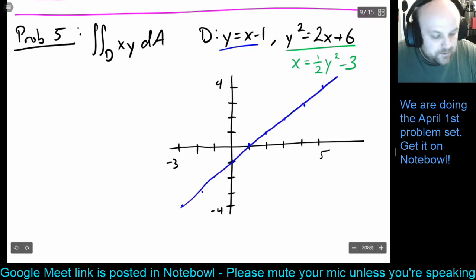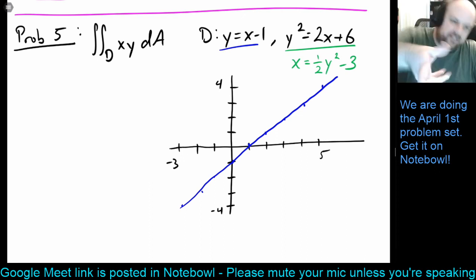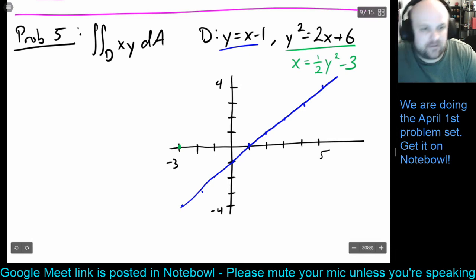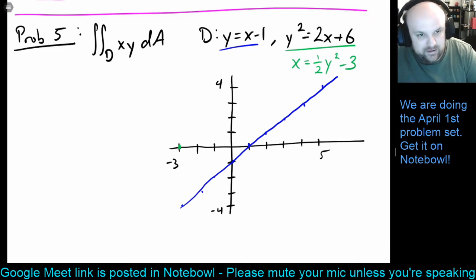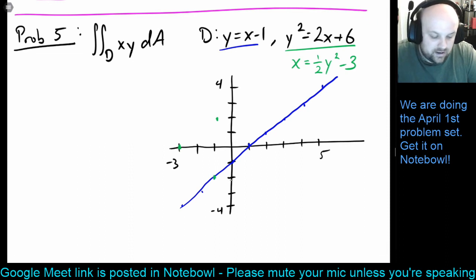This parabola here, just kind of imagine we were graphing this as y equals 1/2 x squared minus 3, but then turn it on its side. So it starts over here when y equals 2, x is negative 1. We got one here. We get another one down here. When y is negative 2, we get the same thing.